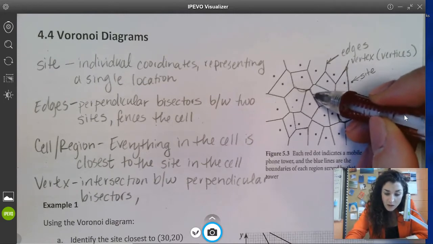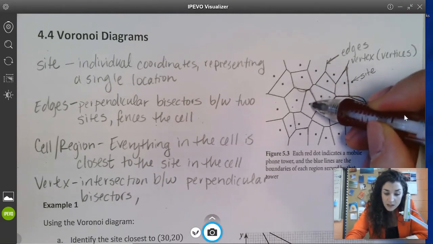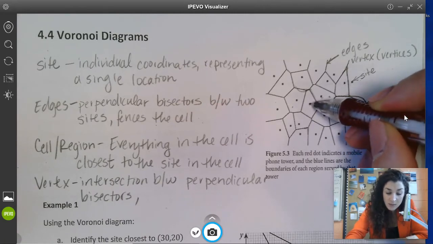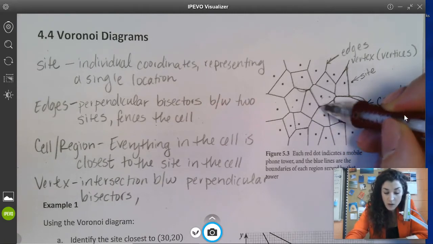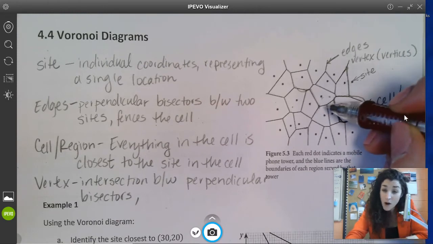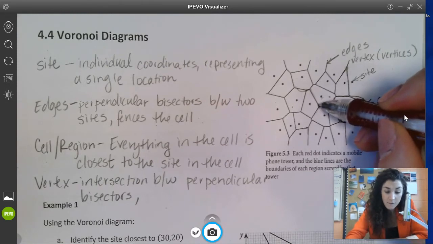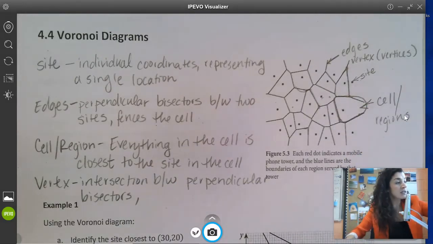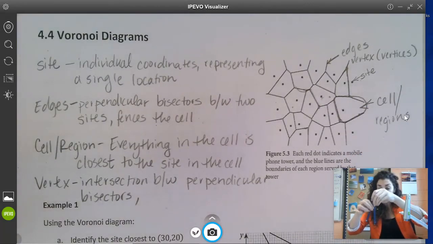So every single point on this line is equidistant between these two points, and every single point on this line is equidistant between these two points. Well, if I found the intersection, I found the one place that is equidistant from this point and this point and this point. It's hard to see, but you could draw a circle with the center at the vertex.